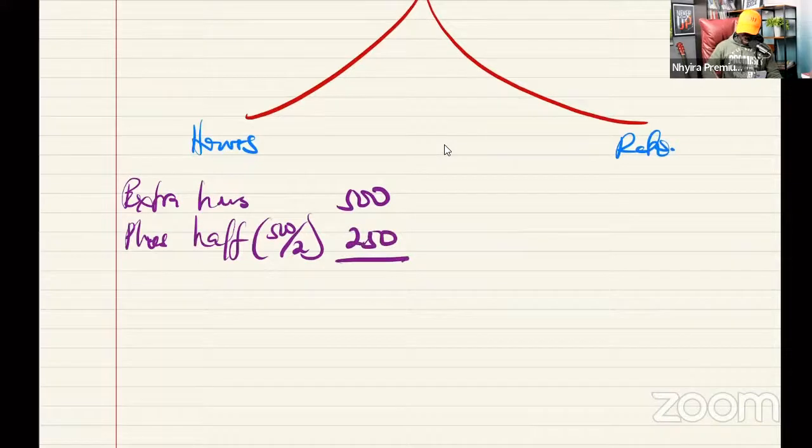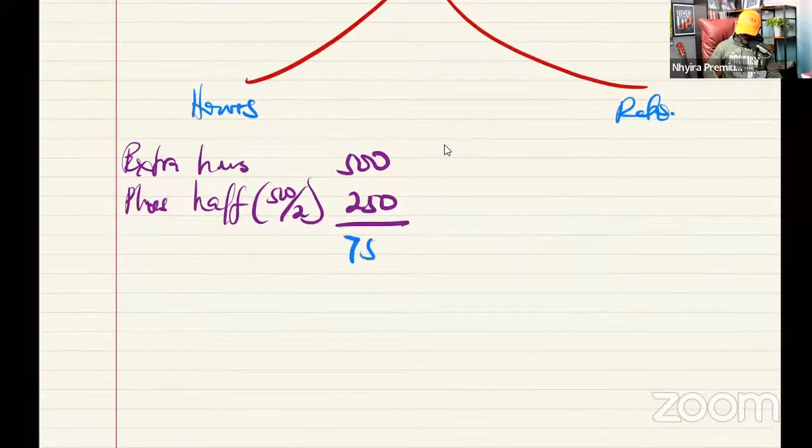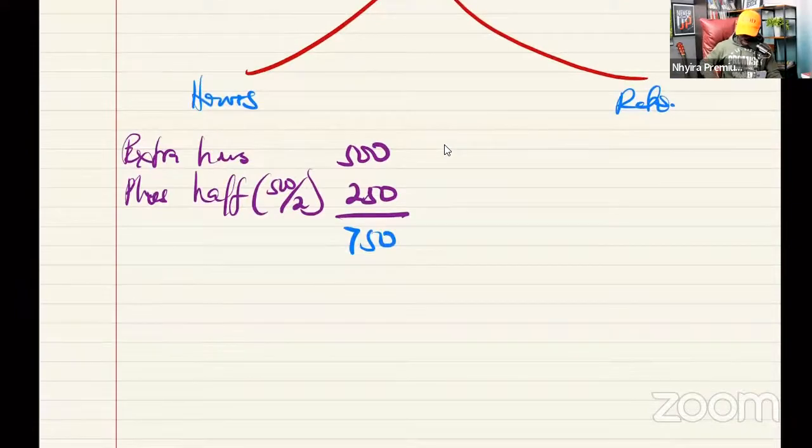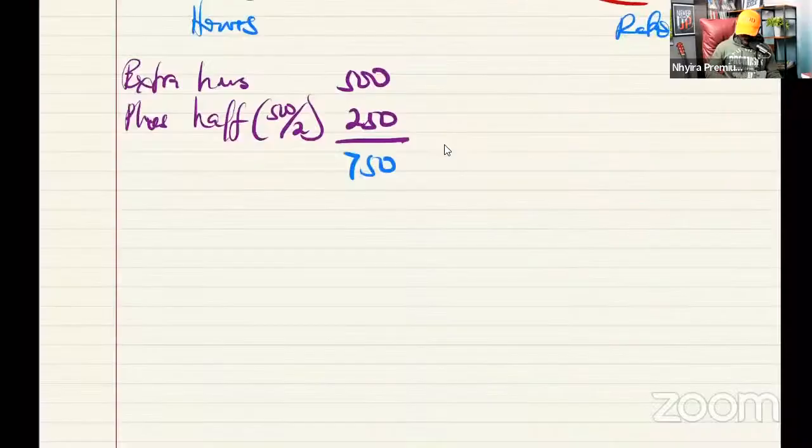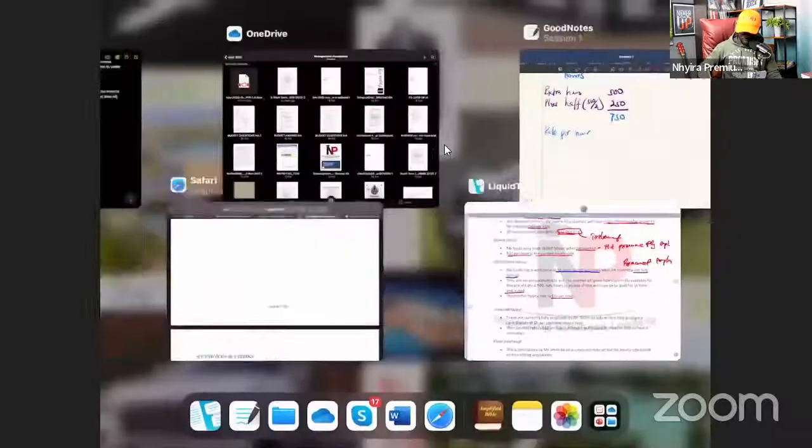That will be a total of 750 hours, so that you bring in the rate per hour, which is an amount of $15.